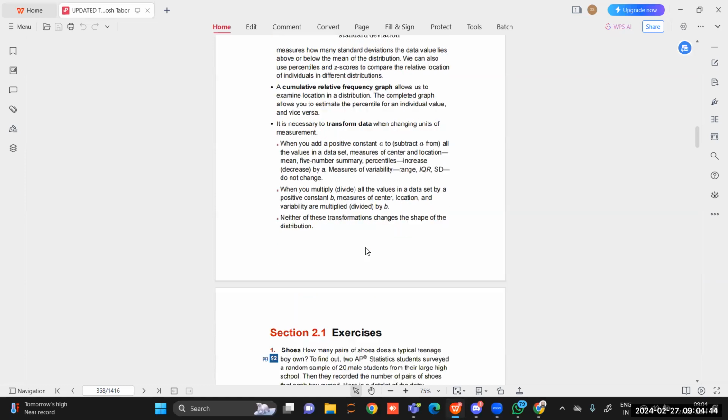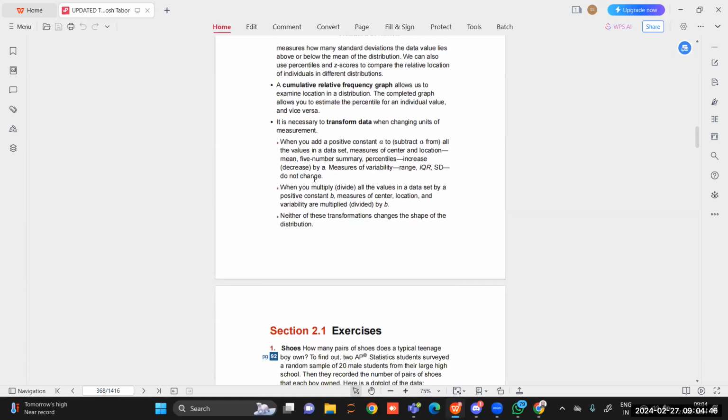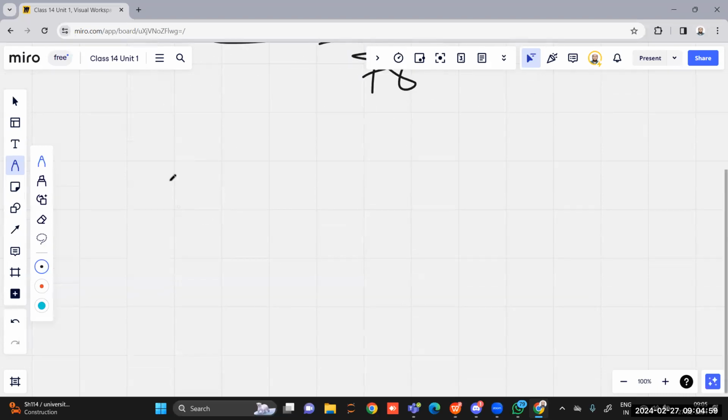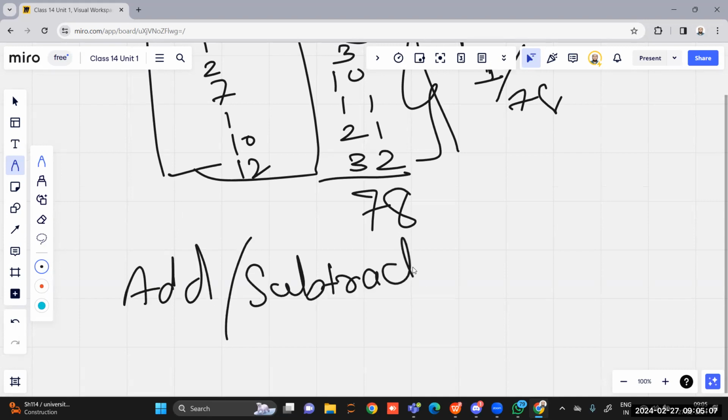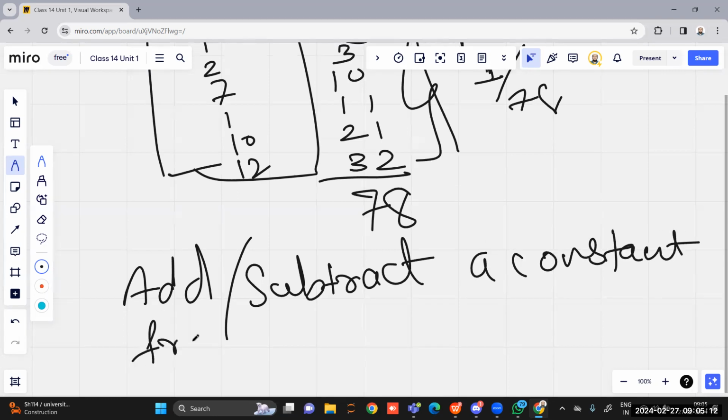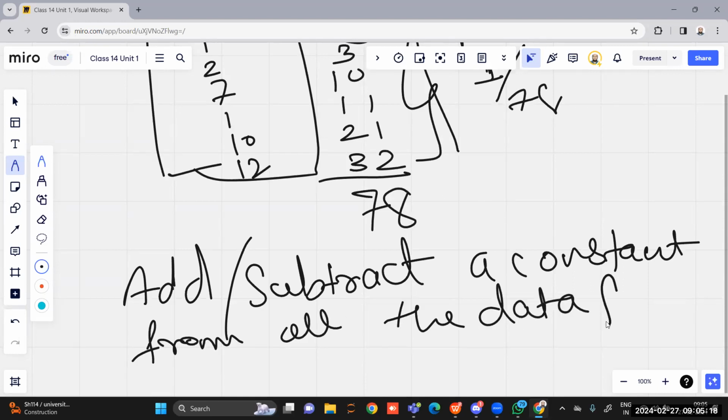So it is necessary to transform the data when changing units of measurement. Yes, transform data. We have seen one example how to transform the data, means we have to bring them into z-score. And also we have seen in transform data, when we add or subtract a constant from all the data points, what is the conclusion?